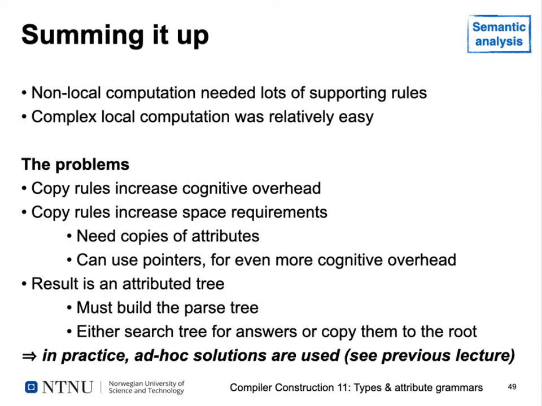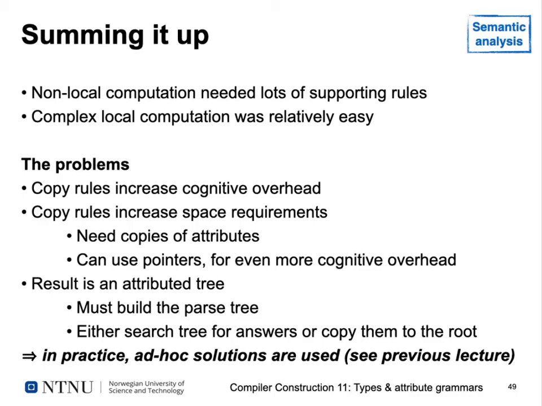Nevertheless, the result of doing this is an attributed tree, so we must first start building our parse tree, and then we can, if we have the attribute grammar, search the trees for answers or try to copy them to the root. In practice, even though these solutions for simple examples seem very straightforward, very many compilers actually use ad hoc solutions for this.